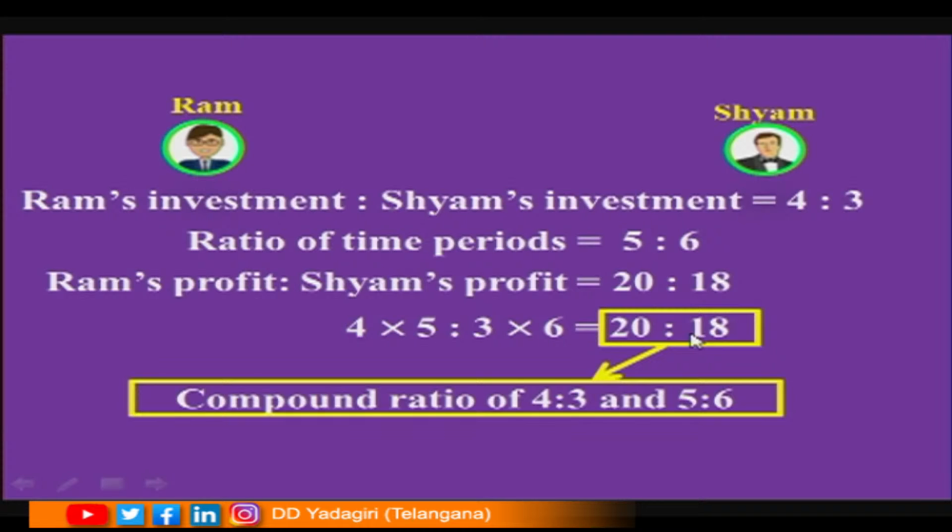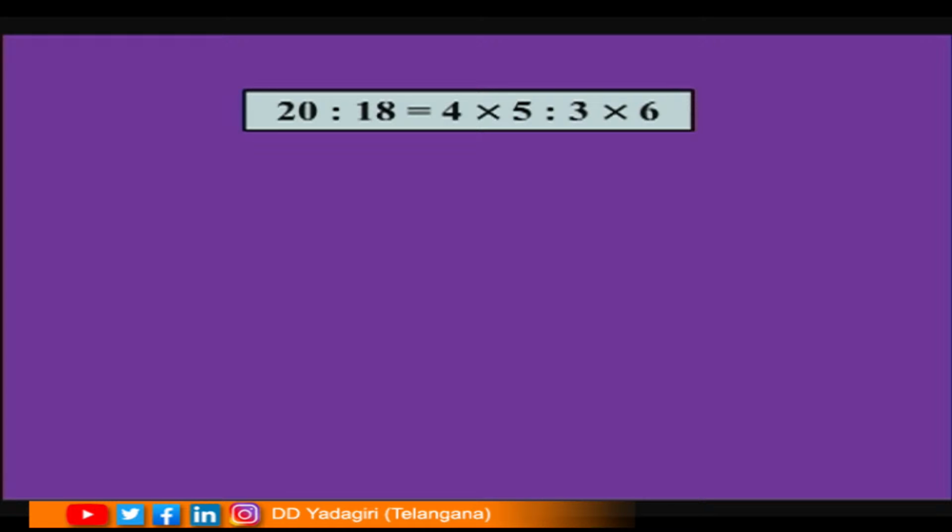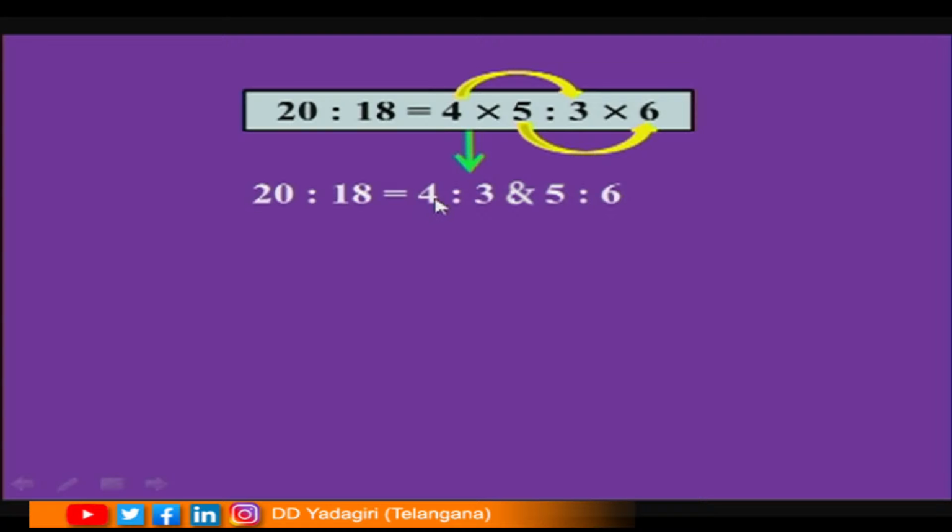Let us see how we got this. So, we have seen 20 is to 18 can be written as 4 into 5 is to 3 into 6. So, if you notice, this can be written as 4 is to 3 as 5 is to 6. That means we are multiplying 4 and 5, and 3 and 6, that is product of antecedents and product of consequents.